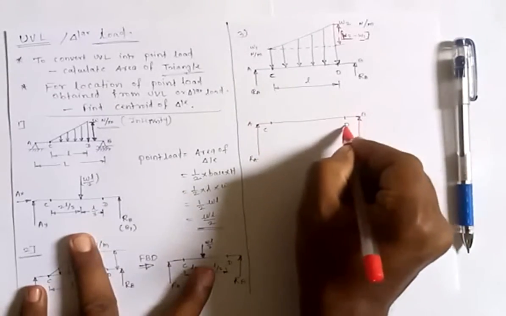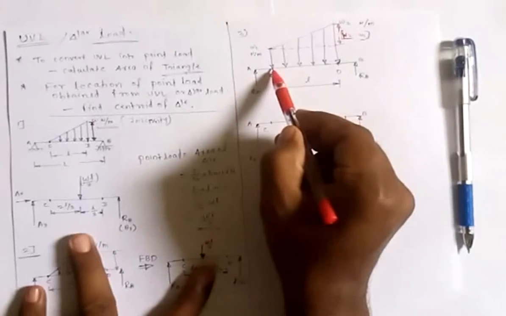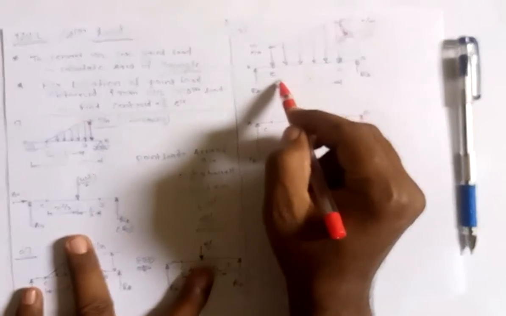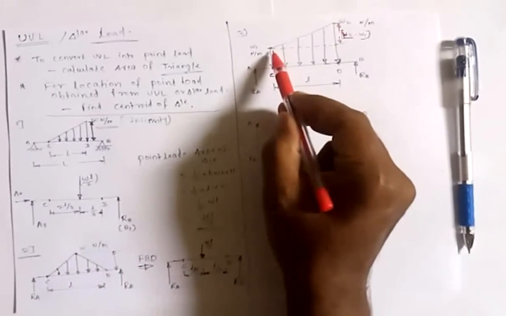Now we know that this is a rectangular load, so we can convert this rectangular load into point load directly by using the area of the rectangle.